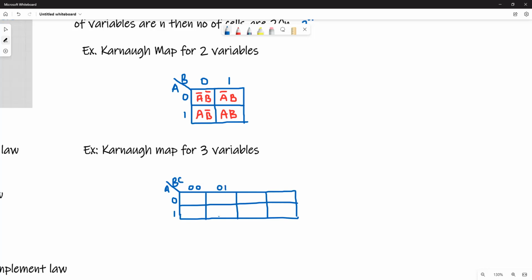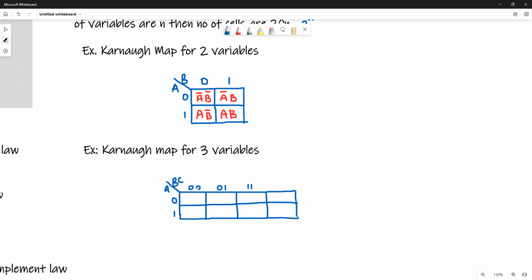Remember, not 1, 0, but before that we are going to use 1, 1. We put 1, 1 here because from the previous one, it's always 1 bit change.